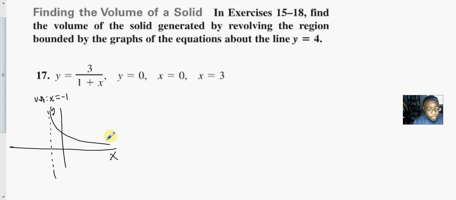The part that you want goes from when x is equal to 0, here, x equal to 3, there, and then y equal to 0, the x-axis. So we're talking about that region inside. But you want to revolve that above it with respect to the line y equal to 4.